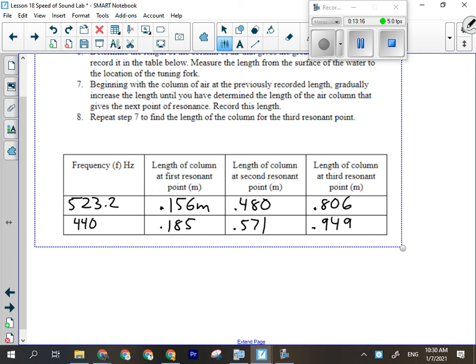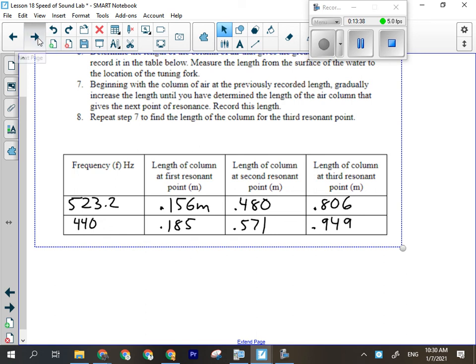Okay, so now we've got all of our data. Sorry guys, I forgot to go back to me doing that. Okay, I think you got what you need there. Okay, so 0.949 is our last point there.